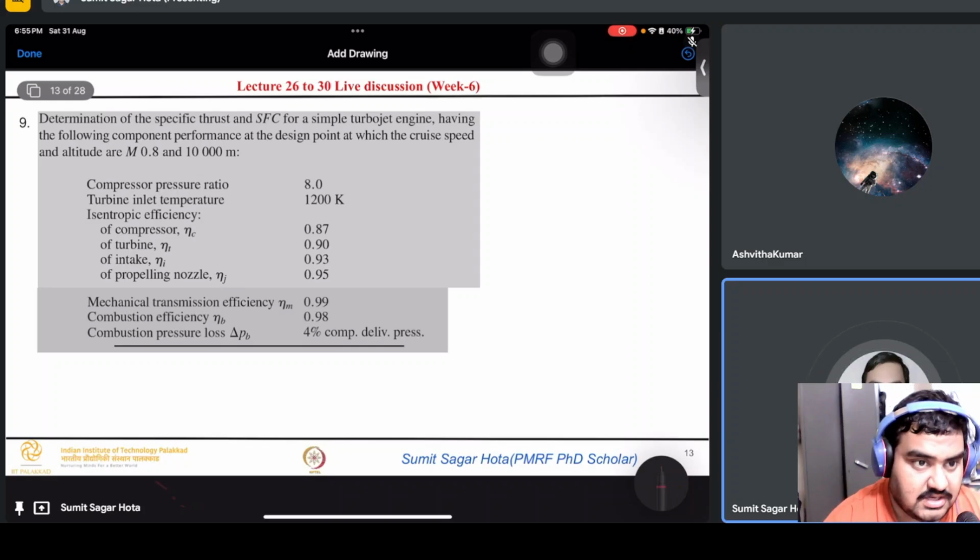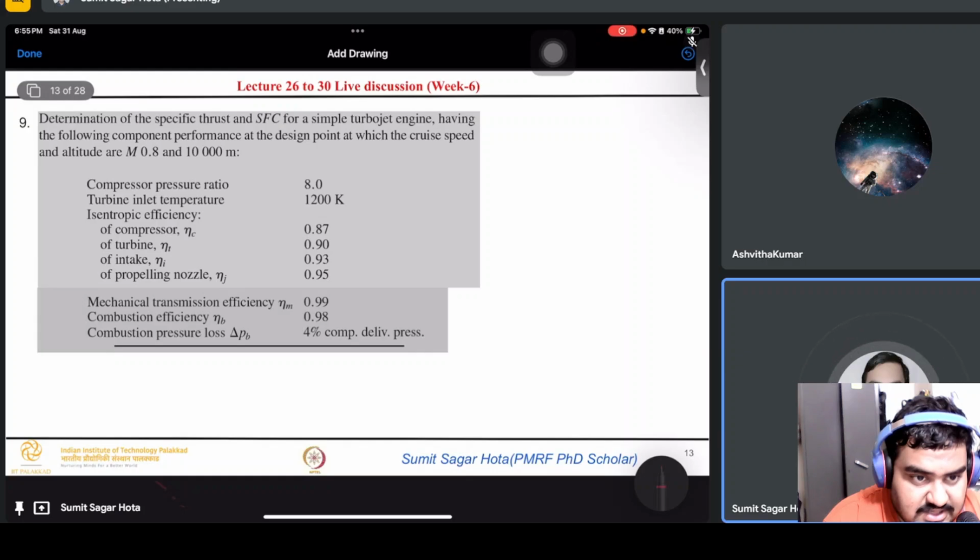Let's start the problem. The question is determination of the specific thrust and specific fuel consumption for a simple turbojet engine having the following component performance at the design point, at which the cruise speed and the altitude are Mach 0.8 and 10,000 meter. The compressor pressure ratio is 8. Turbine inlet temperature is 1200 Kelvin.